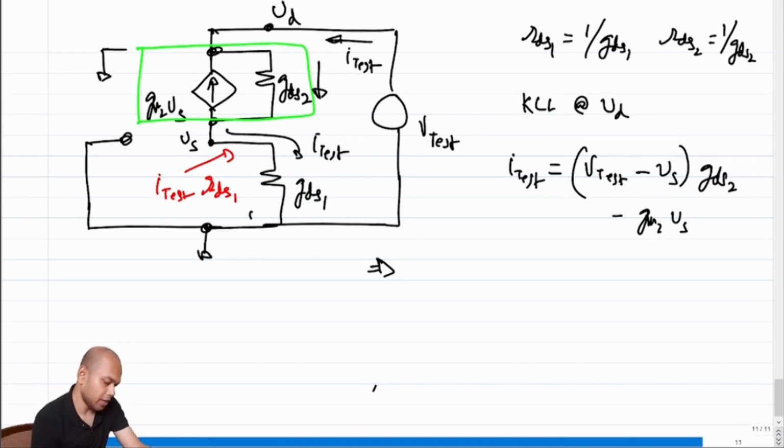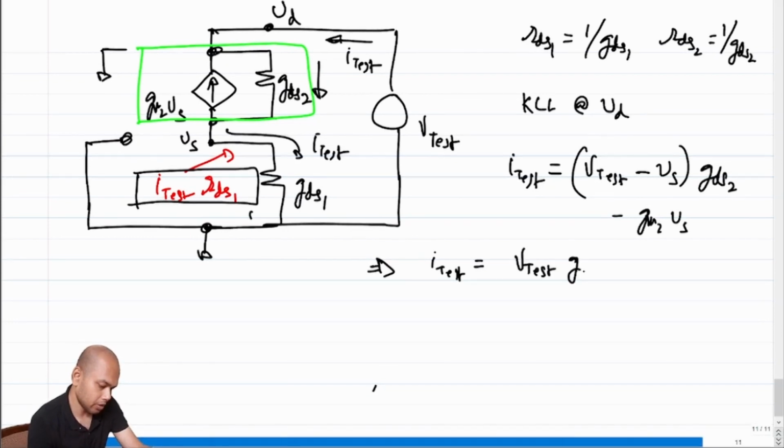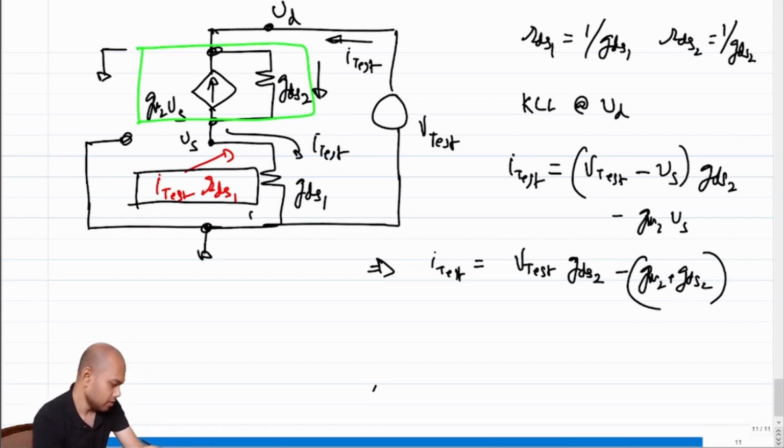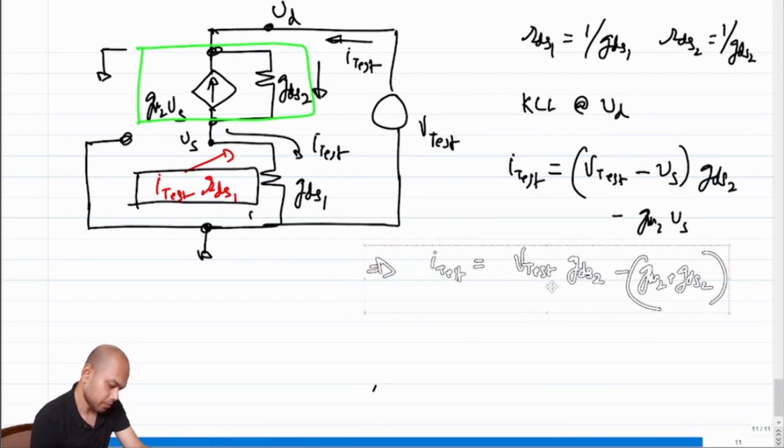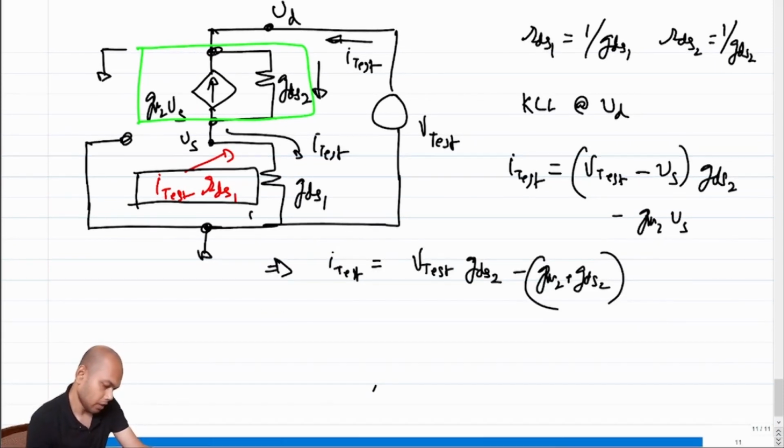So this becomes minus GM2 times Vs, correct? But we already know what Vs is. Vs is equal to I test times RDS1, so we can replace it. So I test is equal to V test times GDS2 minus, if I take Vs common, GM2 plus GDS2 times Vs, where Vs is I test times RDS1.